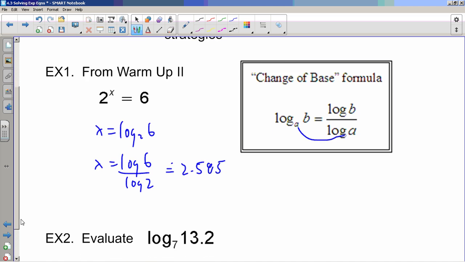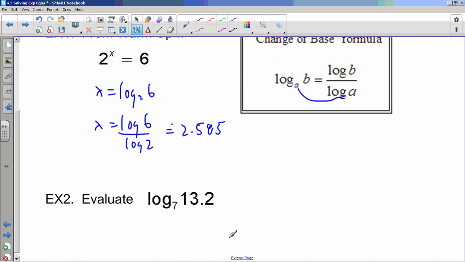Probably that's what my, evaluate log base 7 of 13.2. And notice I can't do this in my head. 13.2 isn't a nice power of 7. You know, I know that 7 to the exponent 1 is 7 and 7 squared is 49. So I know the answer is between 1 and 2 and probably closer to 1.